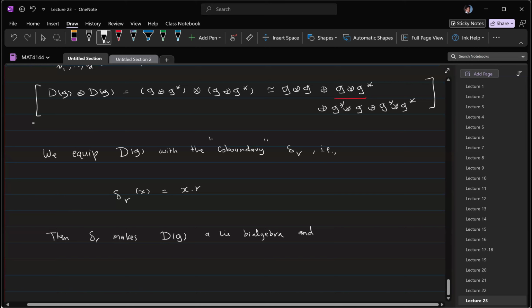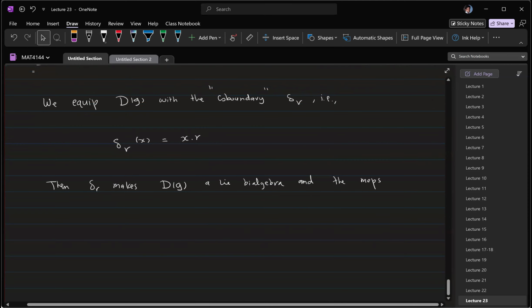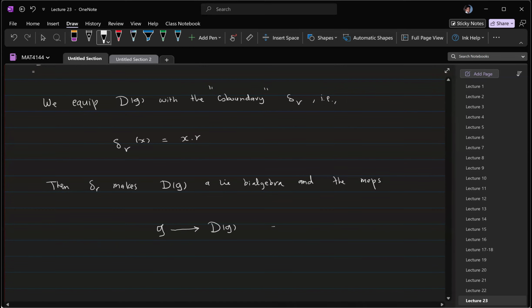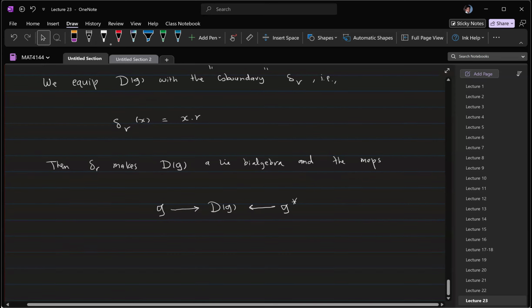And the maps that go from G and G star into DG, the obvious embeddings into the first and second components, these maps are now Lie bialgebra homomorphisms.